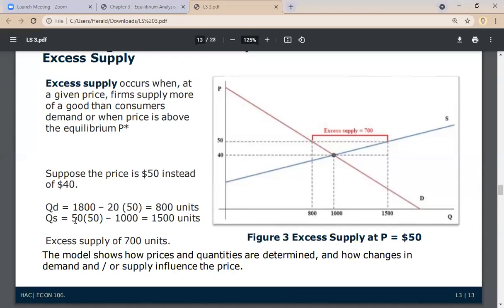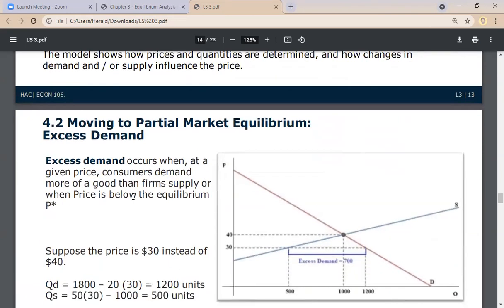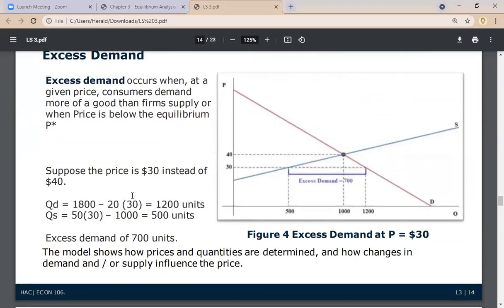So again, what I'm using right now is the inverse demand and inverse supply. You might wonder why I outline the answers this way, but this is the technically correct way of doing it, because we're treating price here as the independent variable.